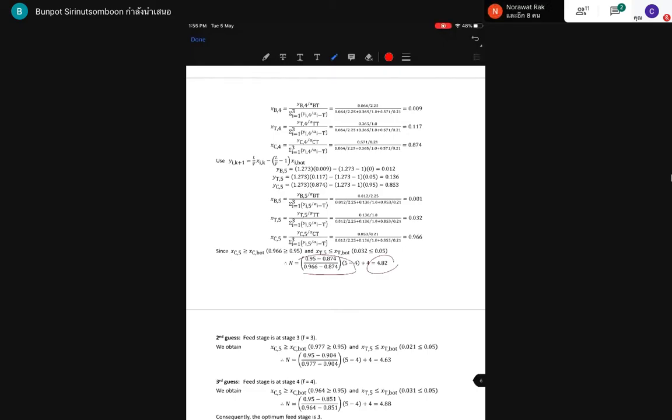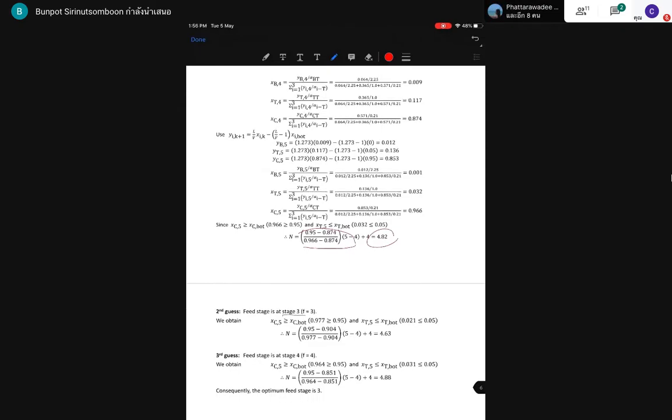Okay, and then my second case is to use the feed stage to be stage 3, and I got 4.63, and then my third case is to assume the feed stage to be at stage 4, and then I got the answer to be 4.88.